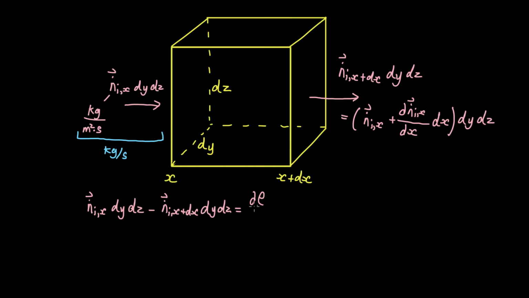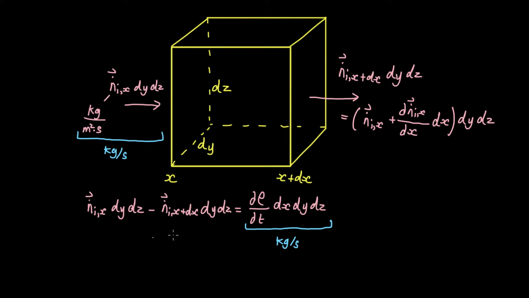So we can express this in terms of the change of density per unit time multiplied by the volume of this box. So this is actually the change in mass per unit time inside the box. So these units are all the same.